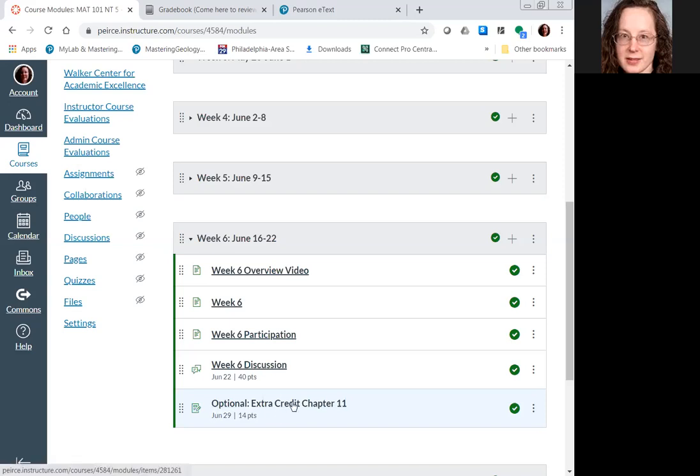It's just a few problems. It can be done this week or next week, but keep in mind if you do it this week and get it to me this week, then I can give you some feedback and you still have time to make some revisions if needed. But it's accepted all the way up until the last day of the class, so you have flexibility with that.